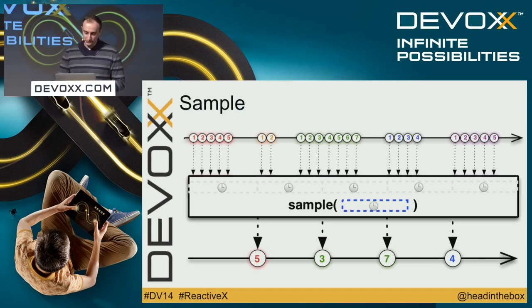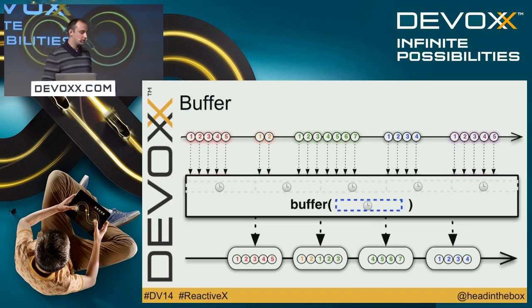Now another operator would be buffer. So buffer also takes this variation of buffer. So you have a lot of overloads for sample, buffer, throttle, whatever. But this buffer, for example, takes again a duration. But now what it does is every duration it emits all the events that were emitted within that one duration in a chunk.